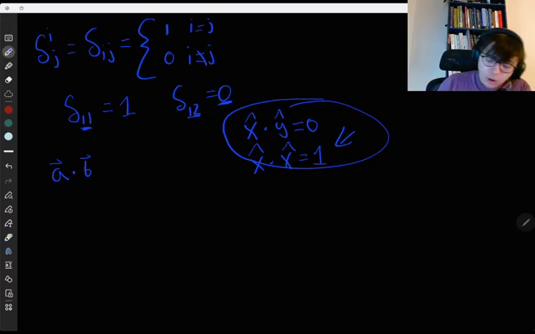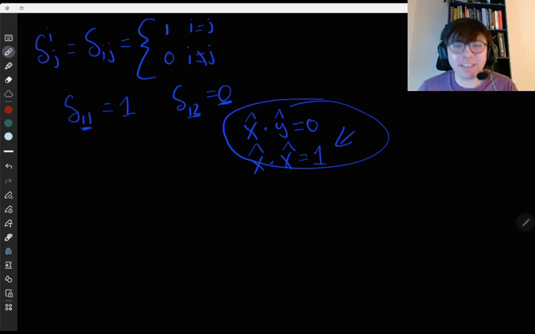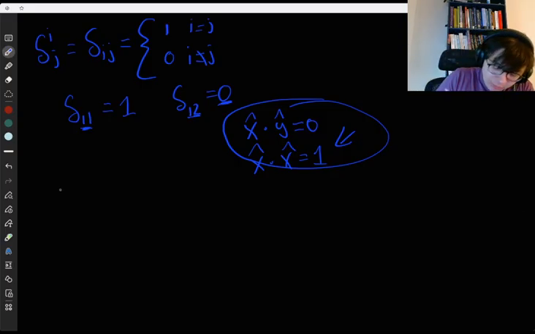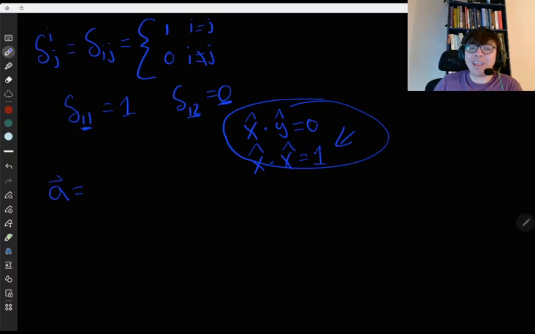So, we can now rewrite this product in a more abstract way. I can now write A, which I'm going to rewrite here real fast. I'm going to rewrite A in something that's called Einstein's summation convention.